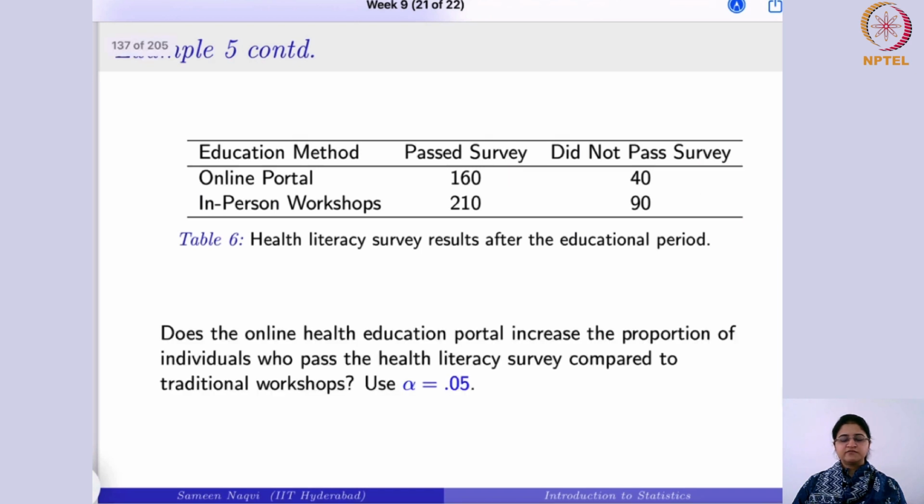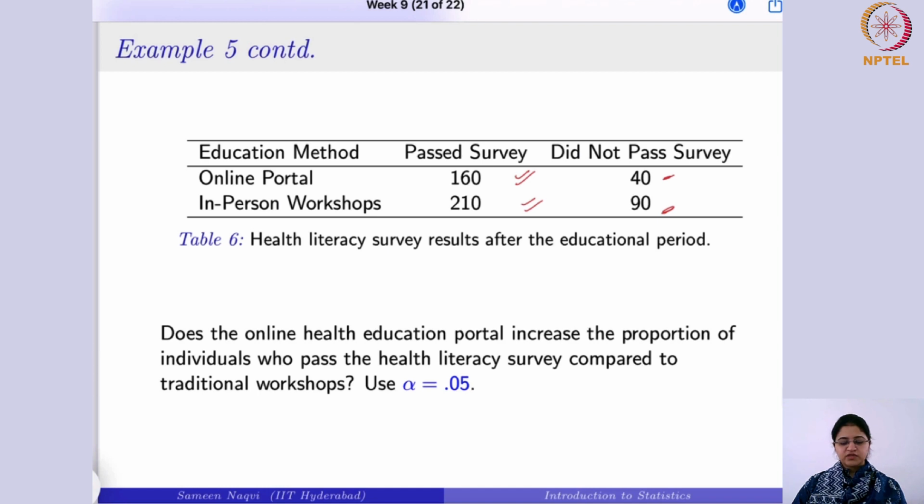So you have to determine whether the online health education portal increased the proportion of individuals who passed the literacy survey. Okay, because here in the online portal you have 160 passing, while not passing is 40 only, and in the other case you have 90, right?